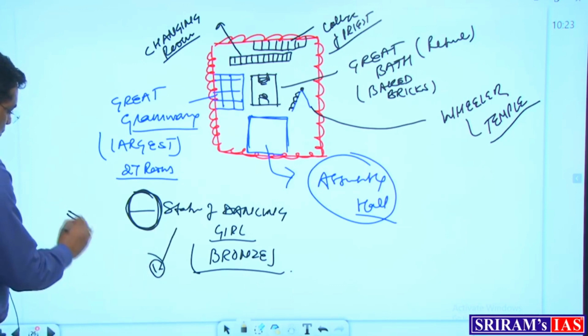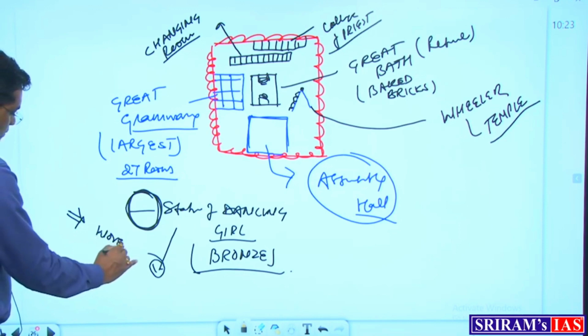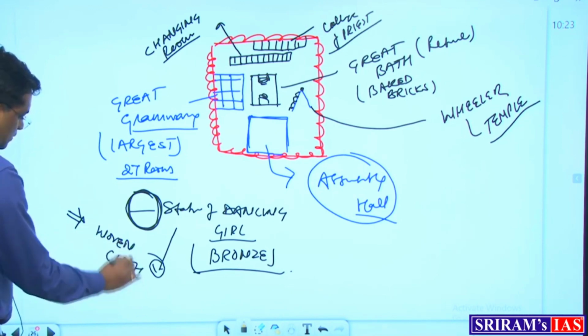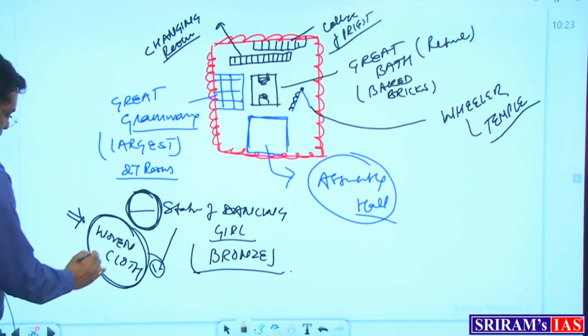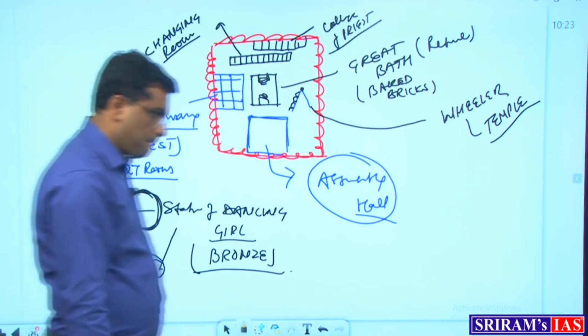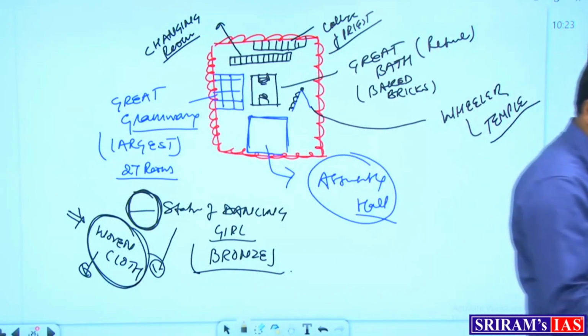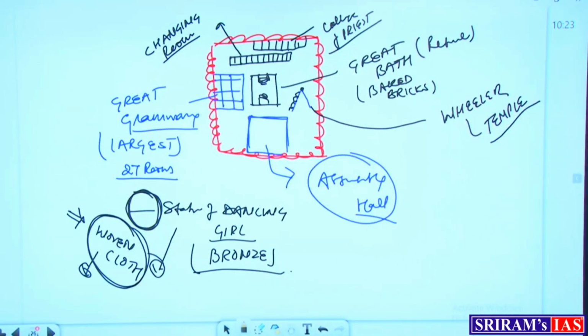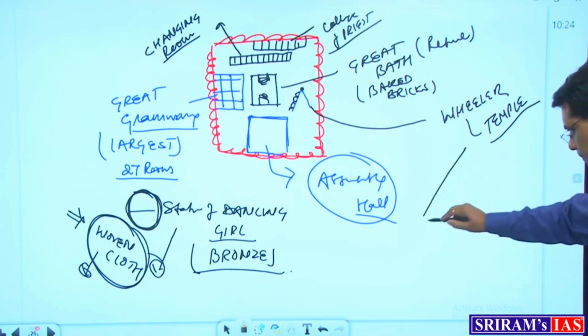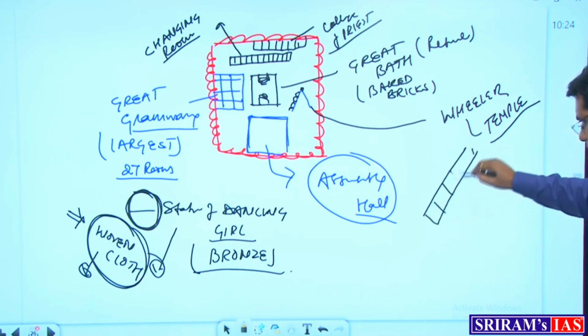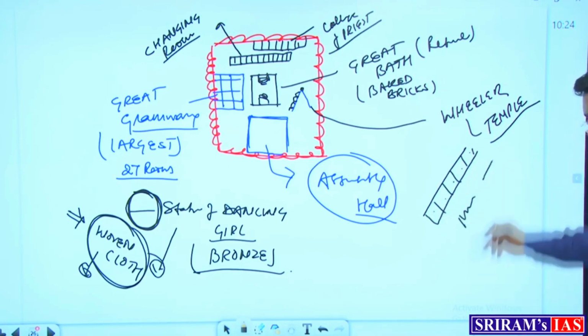Then we have the impression of woven cloth. Woven cloth was there. Impression of woven cloth from Mohenjo. So they used to wear cloth. We have found a measurement scale in multiples of 16.